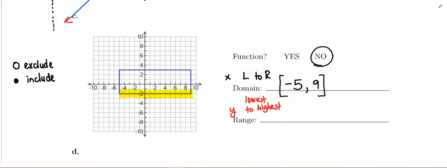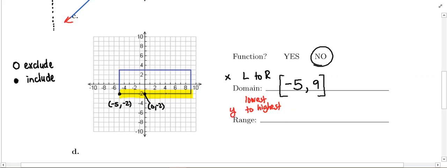point on the rectangle. There's infinitely many points on this yellow segment, but if you just call out a handful of them, this point right here has coordinates -5, -2. This is 0, -2. This is 4, -2.